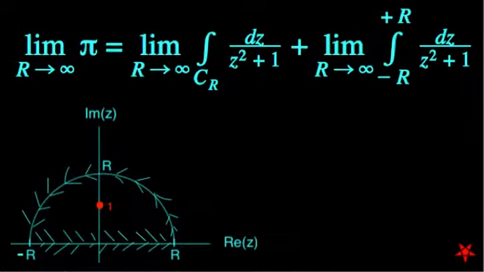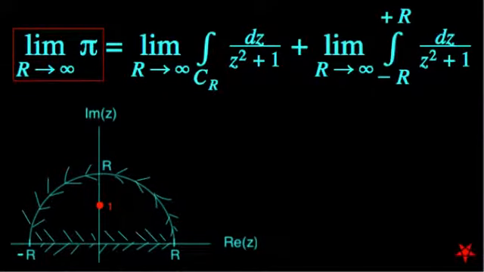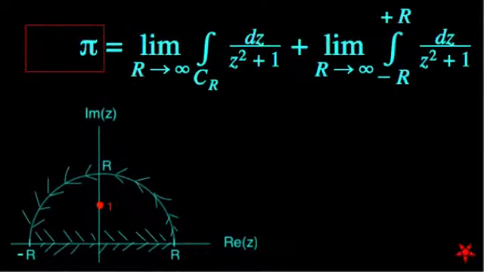If we take the limit as r approaches infinity on both sides, we see that the left side stays basically the same since it is a constant equal to pi.